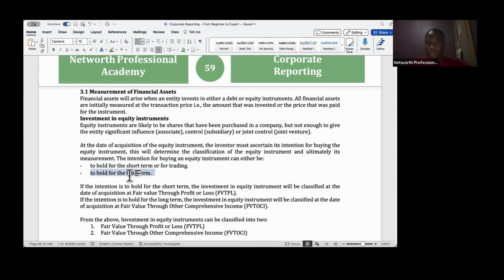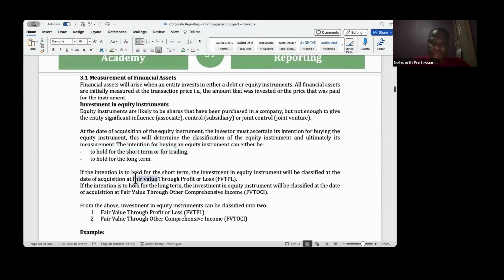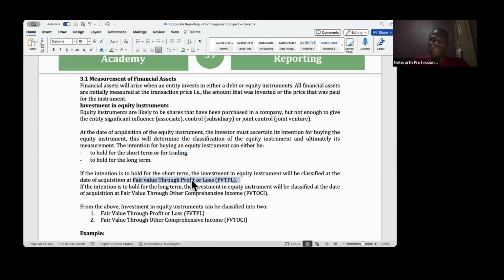The standard said that if you are buying it to hold for the short term, you must classify that financial asset at fair value through profit or loss, meaning you just want to buy it, and if the price goes up, you probably sell it. That's buying it for the short term.